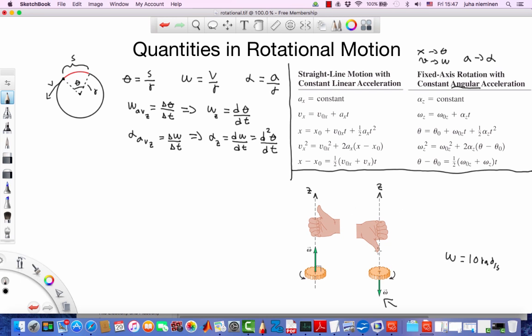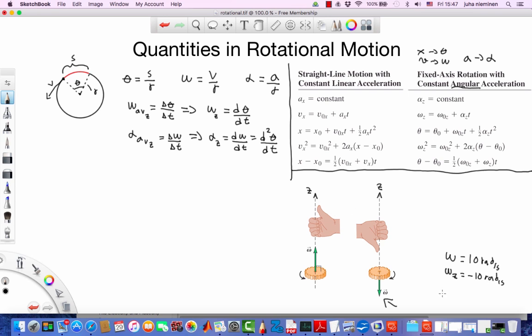And now that our thumb is pointing down, this means that the z component of the angular velocity is negative. So hence we have omega z equal to minus 10 radians per second.